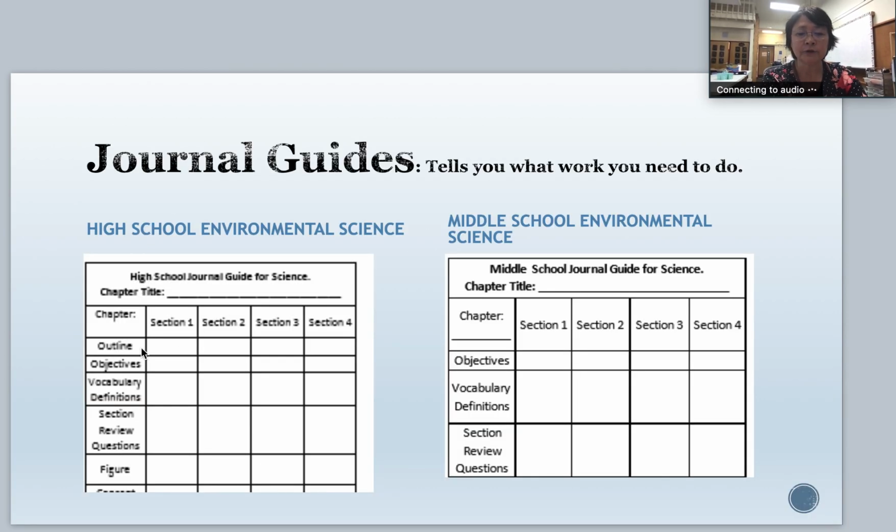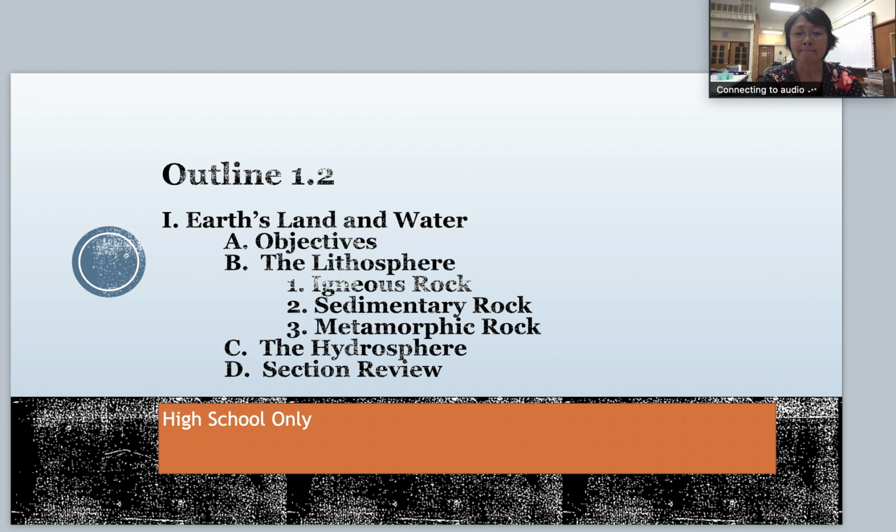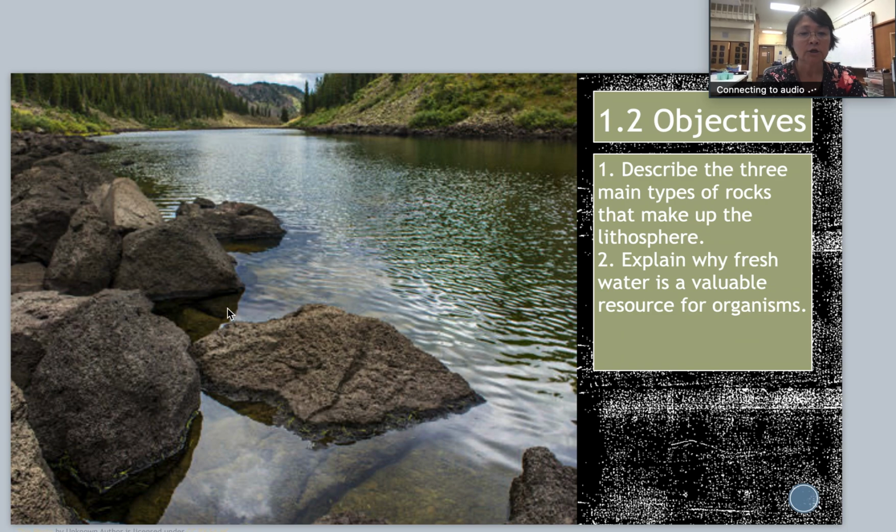After the outline, we will now review the objectives. The objectives of 1.2 are that you describe the 3 main types of rocks that make up the lithosphere, and second, to explain why fresh water is a valuable resource for organisms.